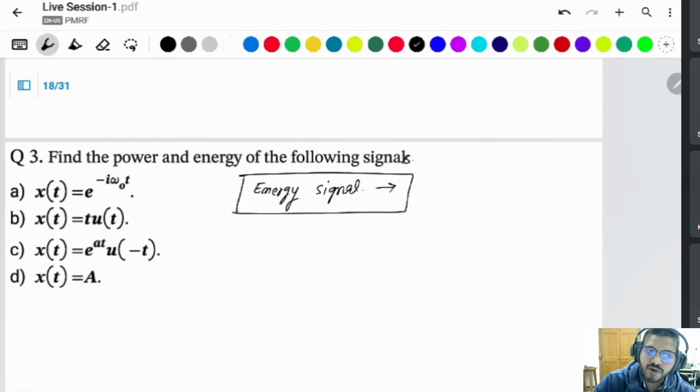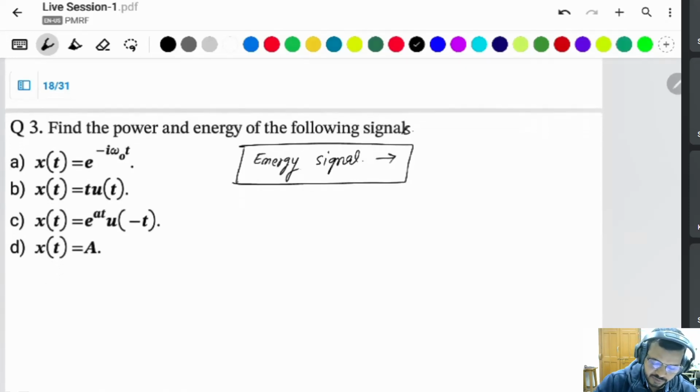For the energy and power calculation of the signal, for the energy it will be integration in continuous time.